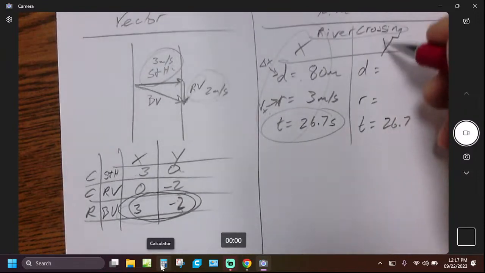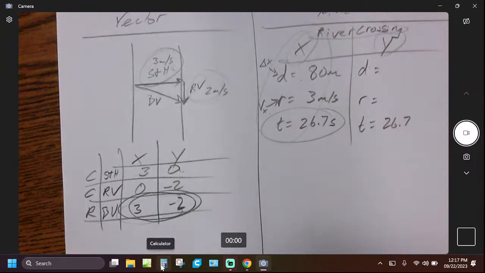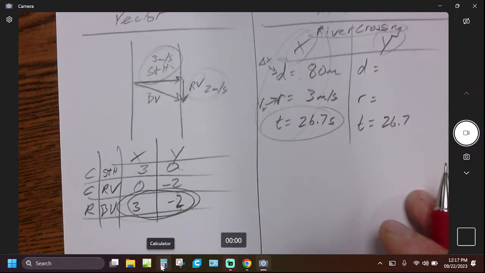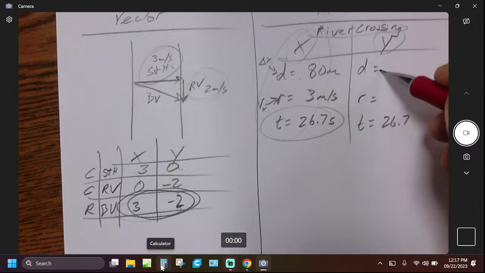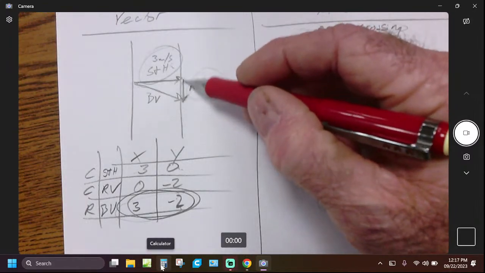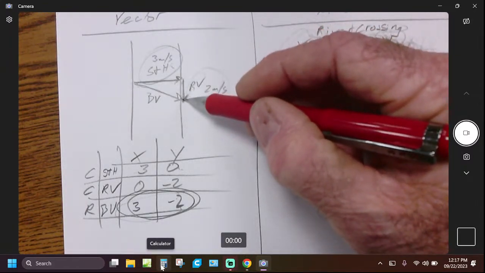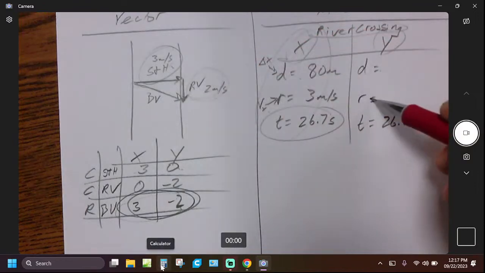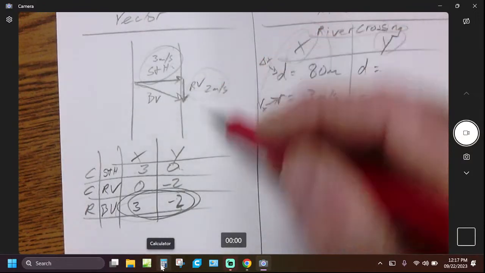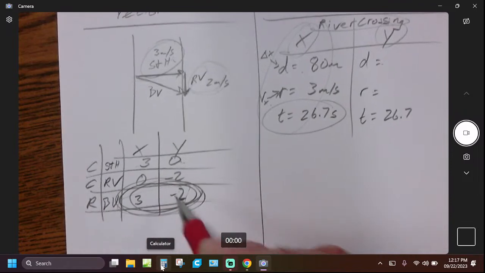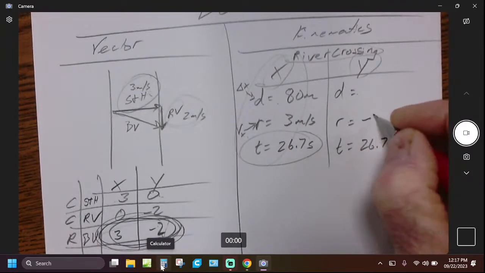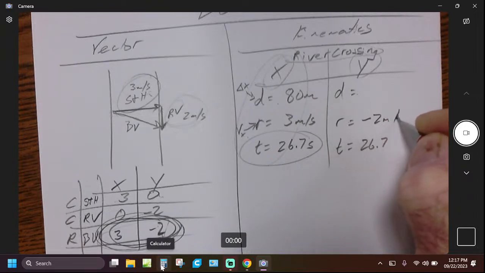Because what's happening in the y dimension and the x dimension, they're happening at the same time. So the time interval is the same. Now, do we know the y distance right here? Do we know this distance? No. Do we know the y velocity? What's his y velocity? Negative 2. So that's the rate, negative 2 meters per second.